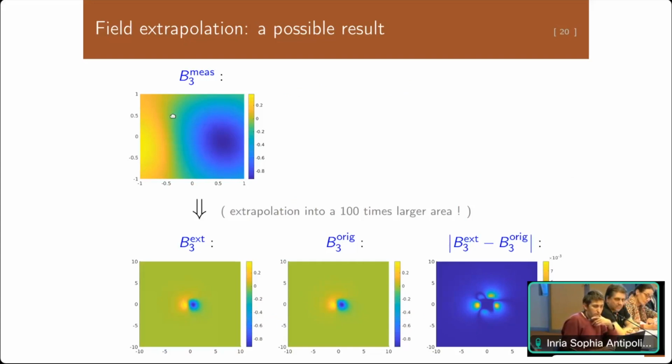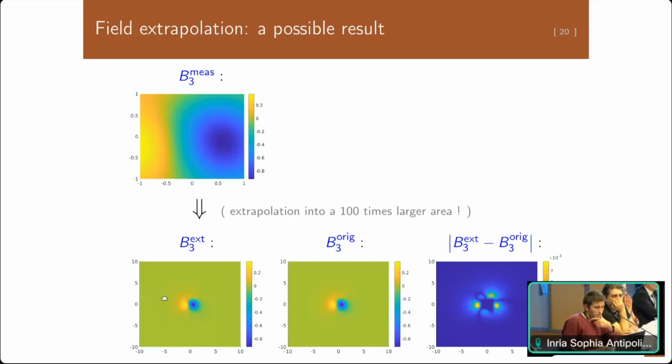So suppose that again we have the same field, and now we can extrapolate it not just to a 4 times larger rectangle, but even to a 100 times larger area. It means we took the one source and kind of isolated it from everything and obtained the field that it produces alone without any contamination.